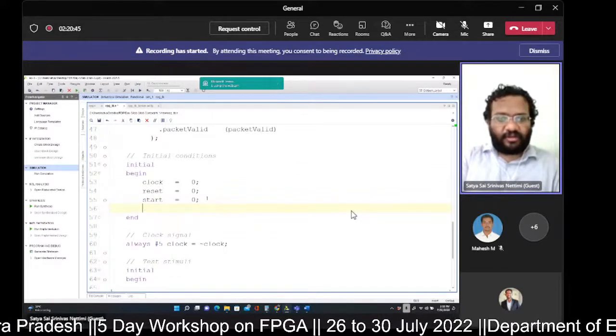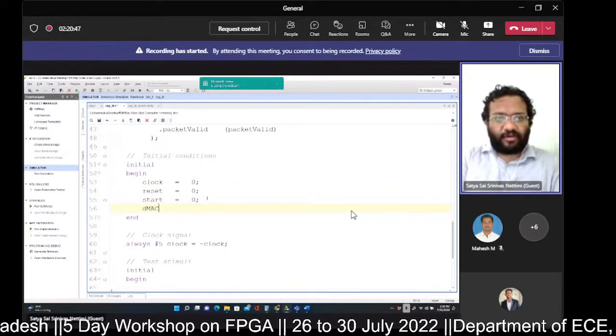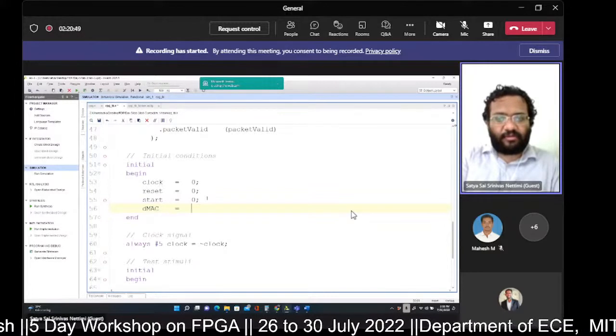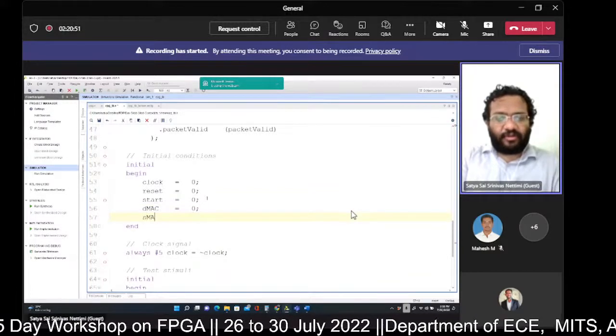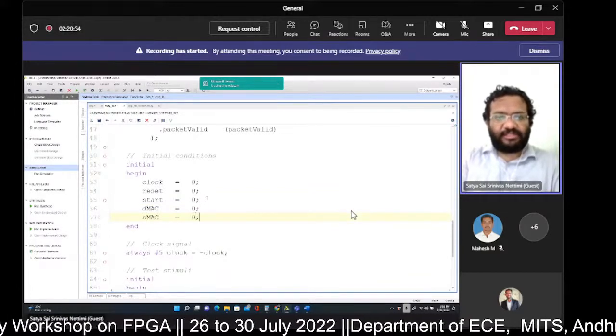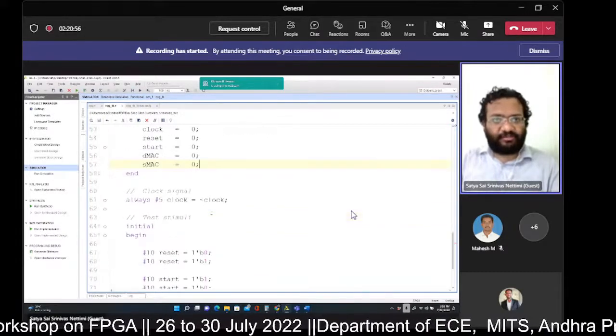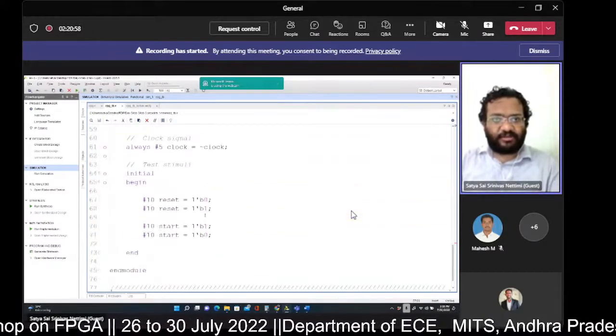Initial conditions also we have destination MAC address, source MAC address.